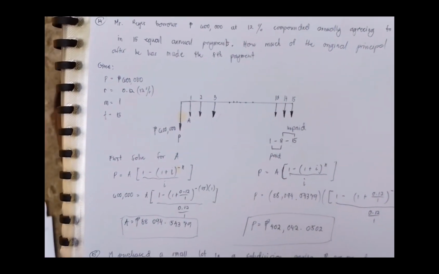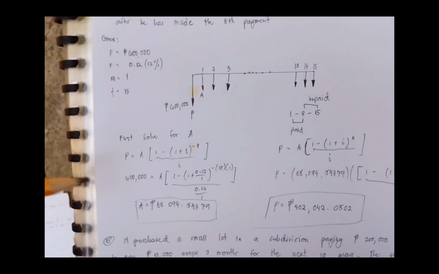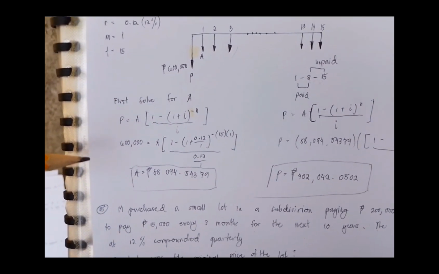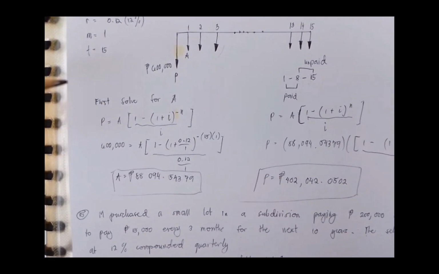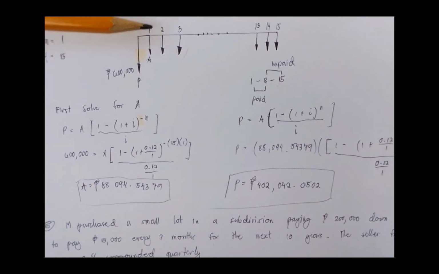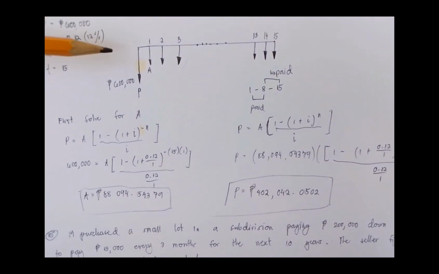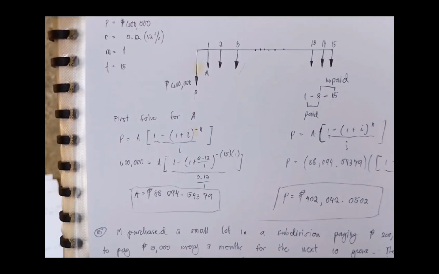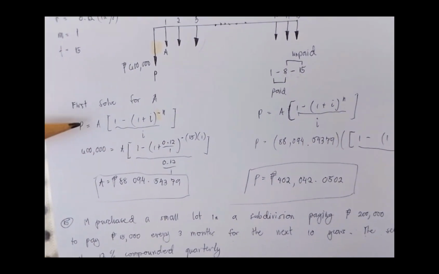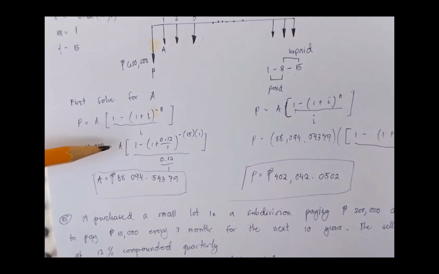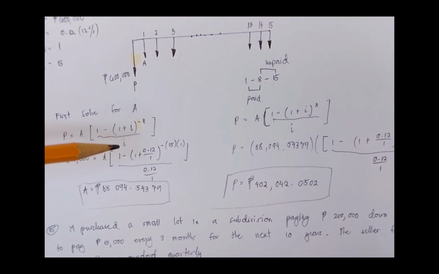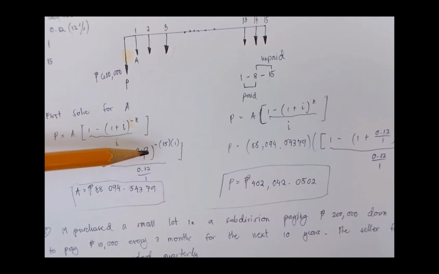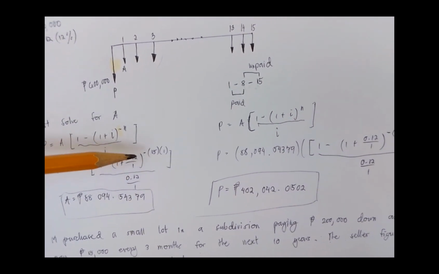So first, simply substitute. Compute for our annual payment first, which is the payment made in each of the 15 periods. Our P, 600,000 pesos, is equal to A times the quantity of 1 minus the quantity of 1 plus 0.12 over 1, our mode of compounding, raised to negative 15, all over 0.12 over 1.